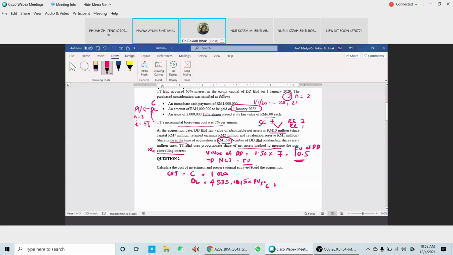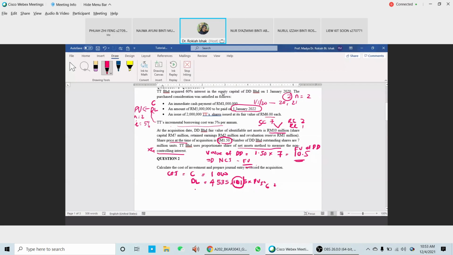Because you are using a table, which has 5 decimal points, there will be a small difference. Never mind, I just put it here because some of your friends calculate the figures using a calculator.